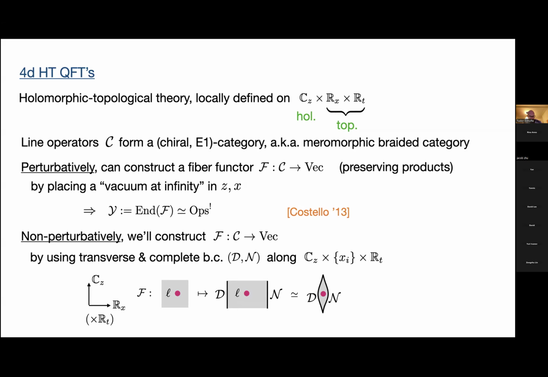Then a fiber functor can be constructed on lines by sandwiching lines in the x direction between the two boundaries. Because of topological invariance in that x direction, the boundaries can be approached very close to each other as long as you're sitting away from the line, and they annihilate.